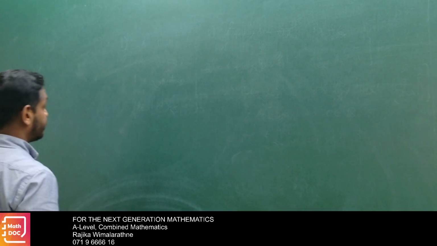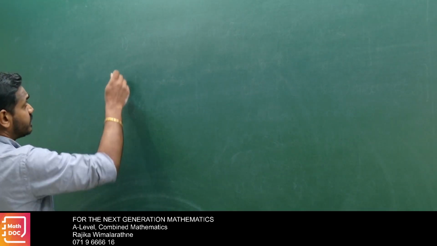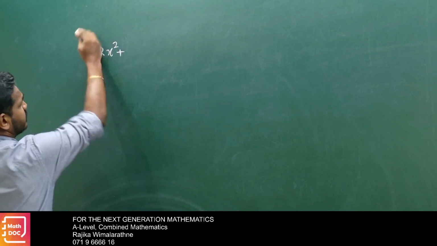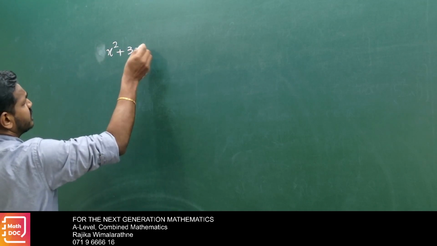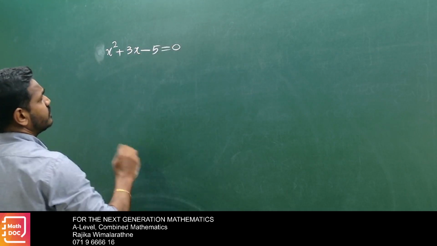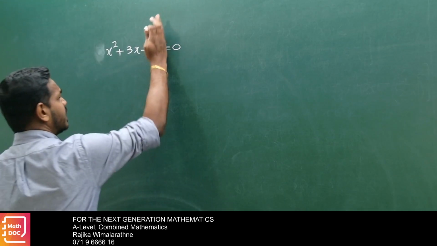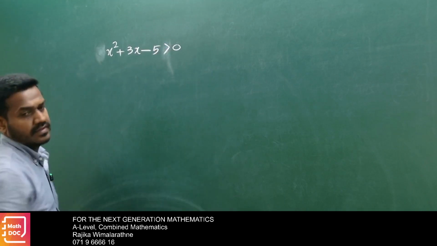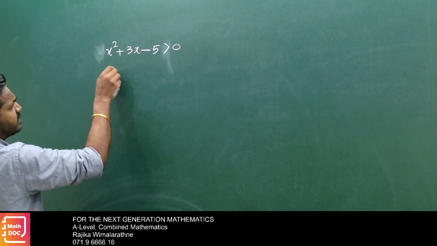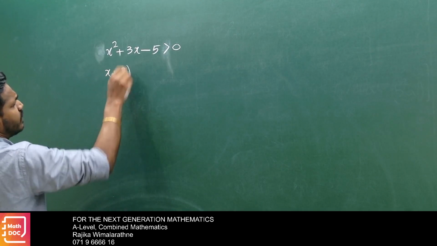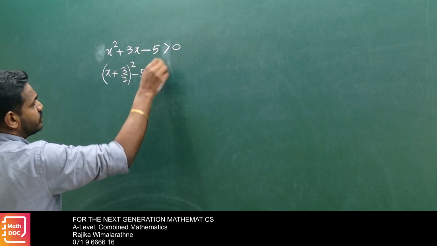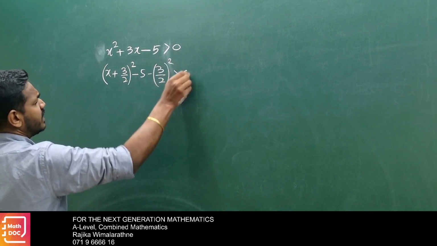Okay, now do with me. 2x² + 3x − 5 > 0. Do with me. Then here (x + 3/2)² − 5 − (3/2)² > 0.